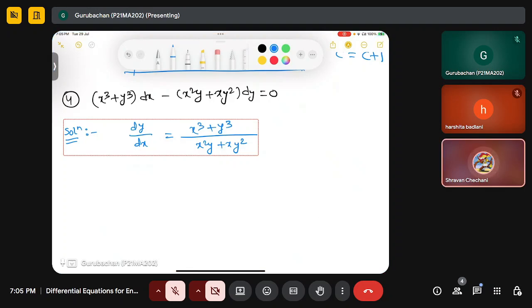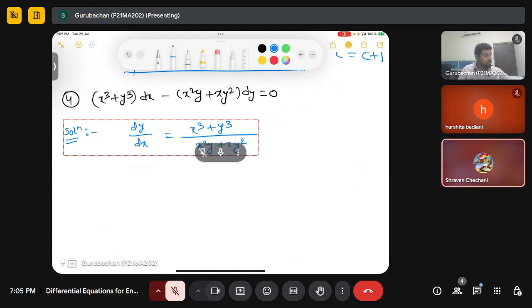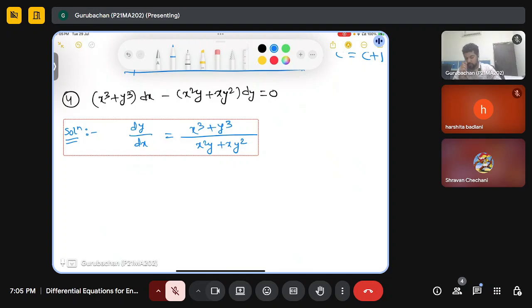Sir, y by x is equal to ln x square by y minus x plus c. Hmm, I think it is not. Let me try here.